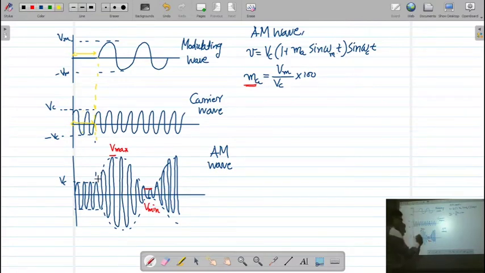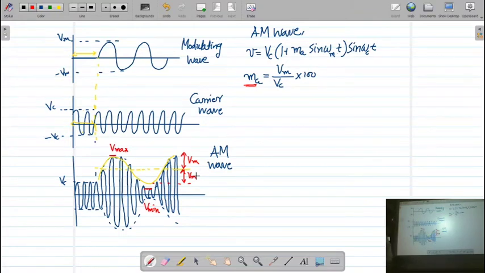If you see the envelope of the signal, this envelope is nothing but my modulating signal, and here you have the amplitude Vm. This is Vm amplitude, and this is also Vm, because your modulating signal is superposed on a carrier, so this variation is Vm and this variation is Vm.